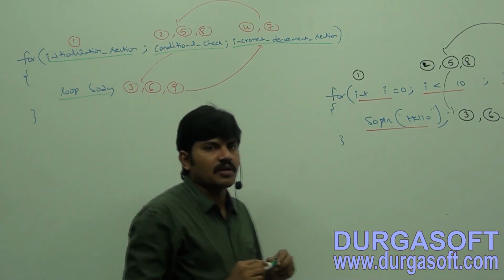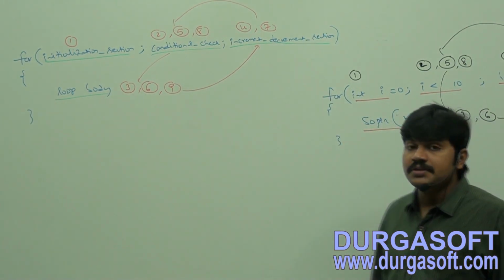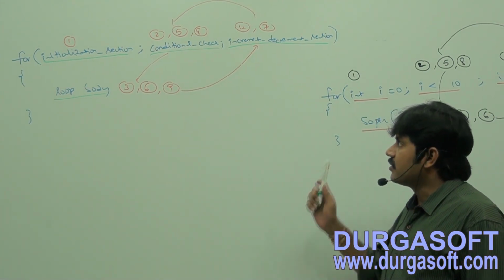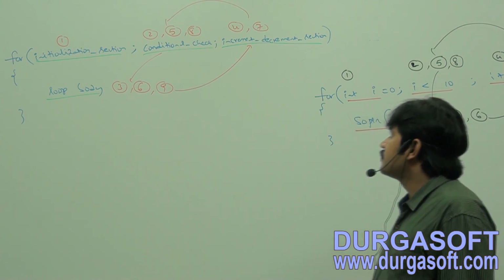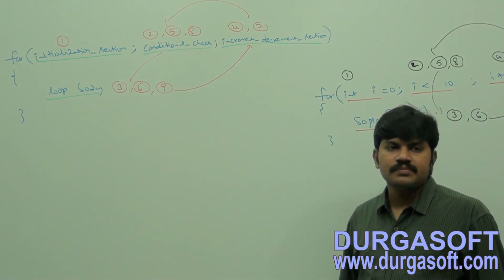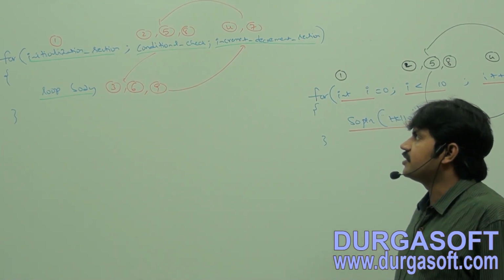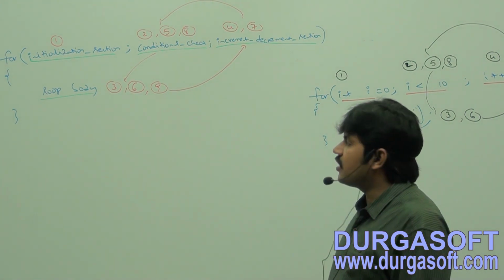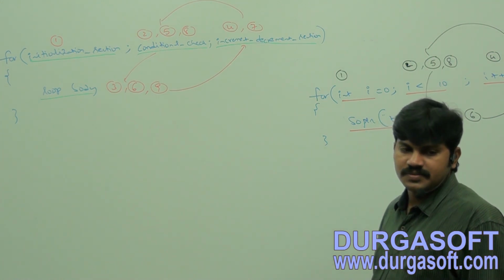Now observe the number sequence also. First the initialization section will be executed, and then the conditional check. After that, the increment or decrement section, followed by the loop body. Initialization section, conditional check, increment or decrement, loop body, like the numbers.